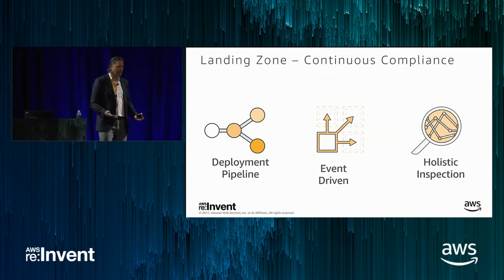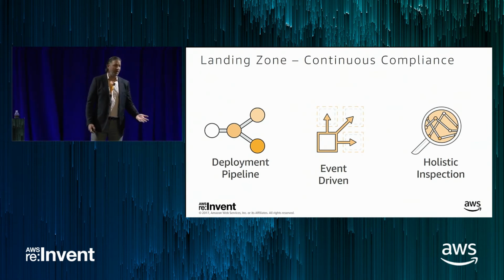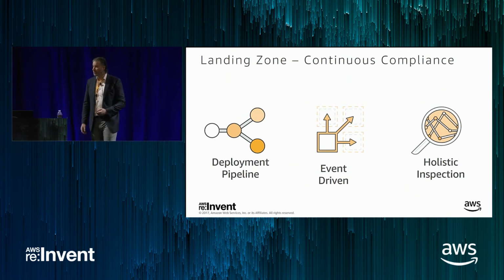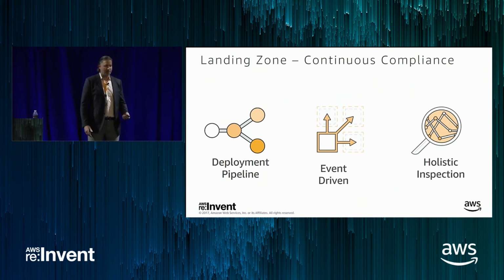These are living environments that are changing. How do I know how I'm changing the environment, and how is that affecting the posture I built for? That's a big differentiator and a big opportunity with AWS: to allow you to know what's changed and what the impact of that change is.